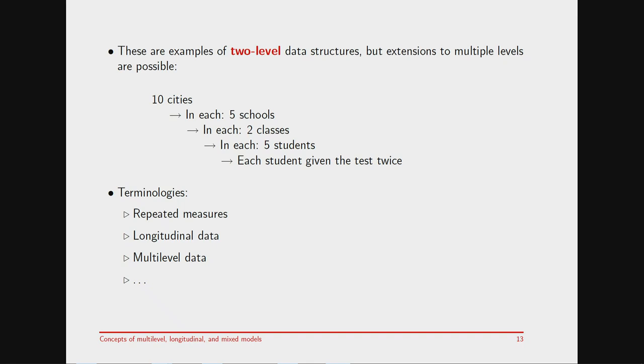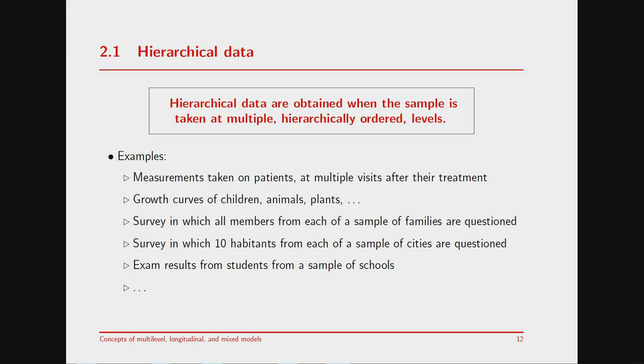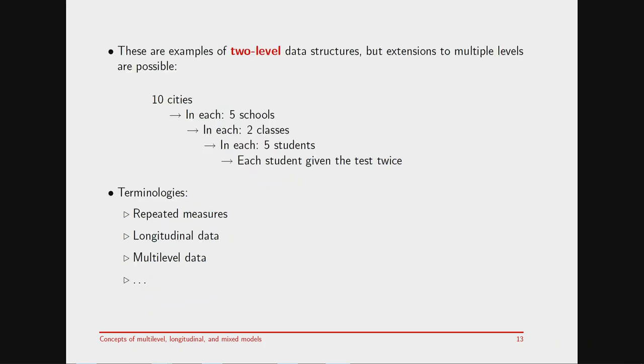Terminologies that you often see is repeated measures. A typical example of these repeated measures would be with the families, but also with the patients, because within each patient, you repeatedly measure the blood pressure, for example. That's why people then refer to repeated measures data.